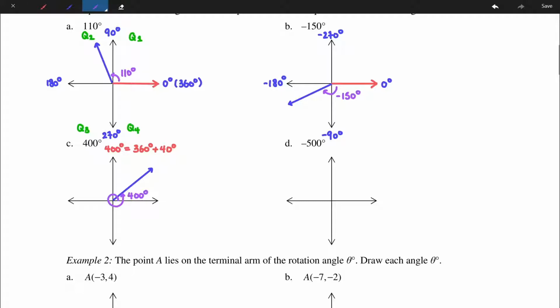Okay, so similarly, negative 500 degrees is equal to negative 360 plus negative 140 degrees.